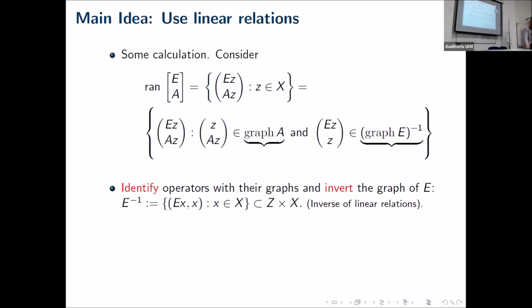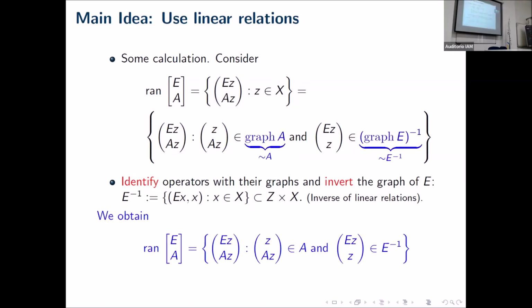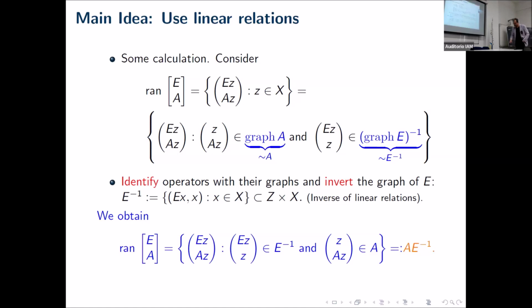Now I explained everything. Inverse is explained. So we start here with E Z Z, then continue with Z A Z. So it's a multiplication of these two linear relations, and it is here.